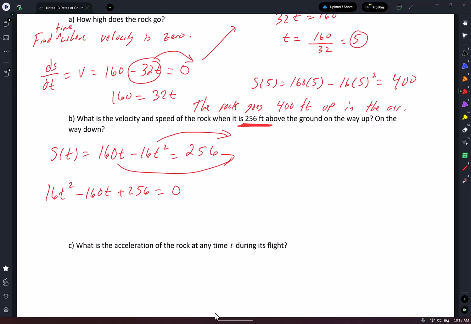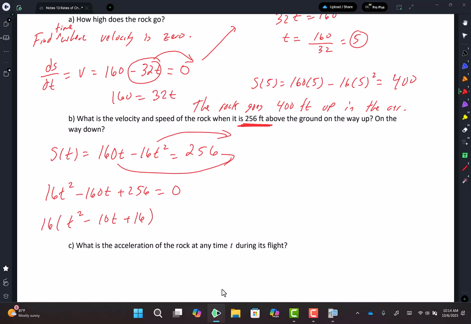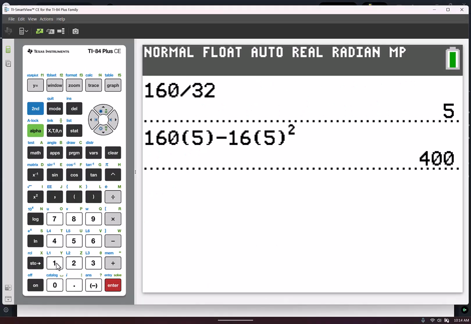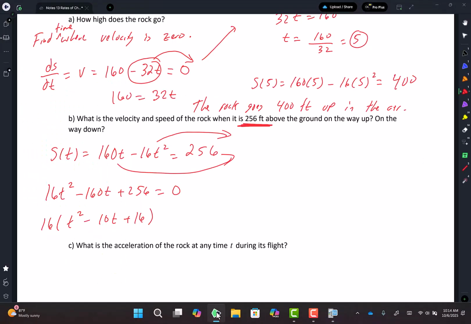Yes, we're going to factor. Factor out a 16. And you're going to get t squared minus 10t plus 16. Isn't 16 times 16 256? Let me make sure. 16 squared, yeah, 256 equals 0.